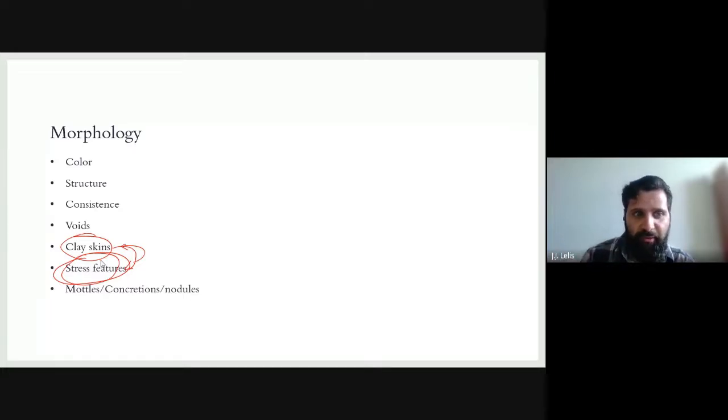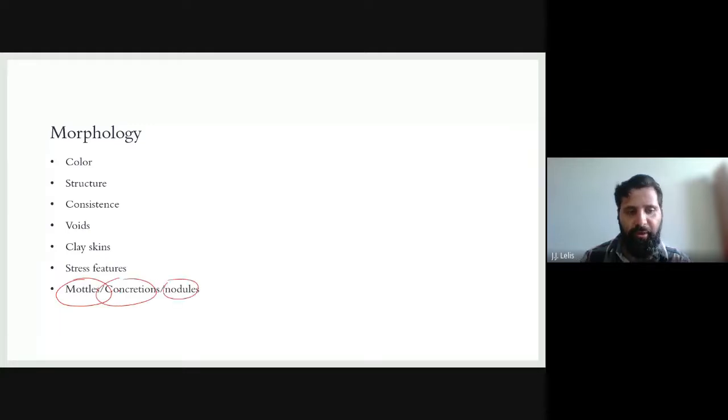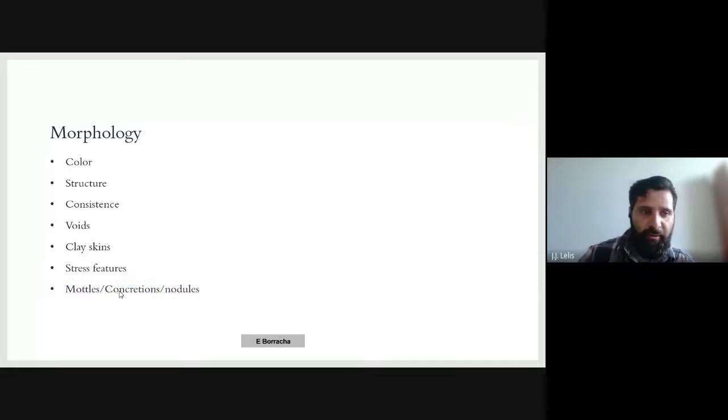So we need to use some tips to distinguish them, because it's quite important to distinguish them. And if we have them in the field, we should describe the mottles, concretions or nodules, the presence of these materials in each horizon, and the color of these materials in each horizon or each layer. Okay, so this is what we use to describe when we have a modern soil.